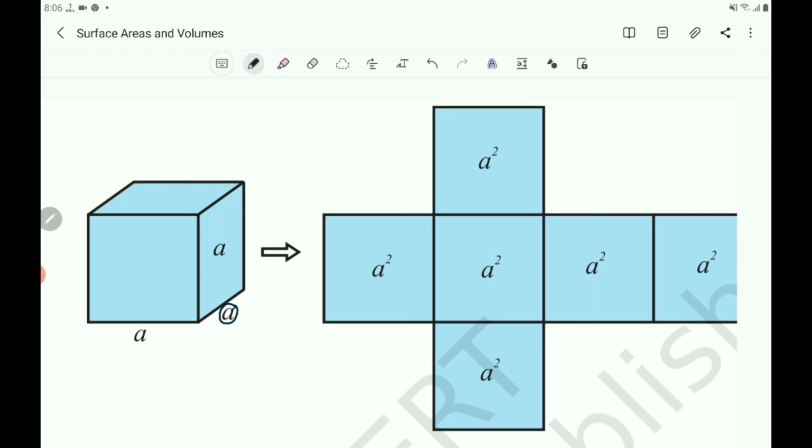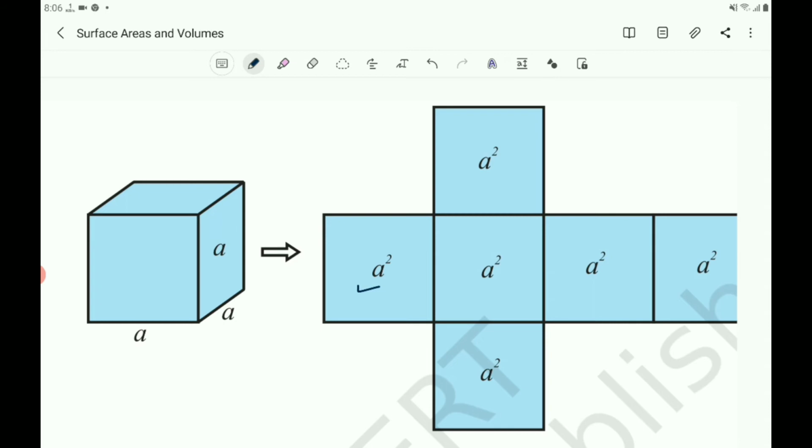If you consider each edge of the cube is A, then what does the total surface area of the cube become? You know that the shape of each surface of the cube is square. Then you know the formula to find the area of each square. If each edge is A, then its surface area is A square. And how many surfaces are there?